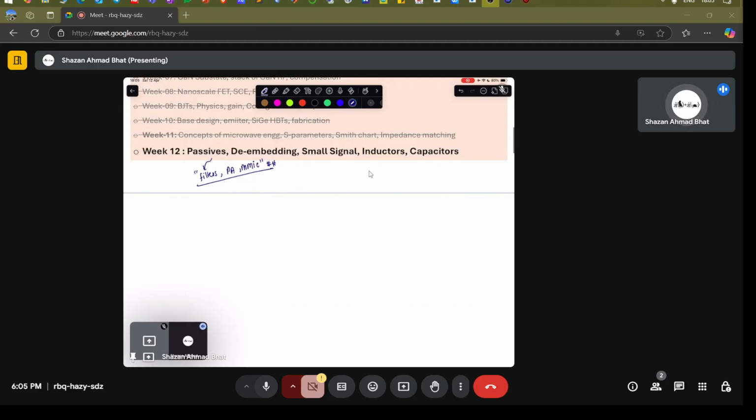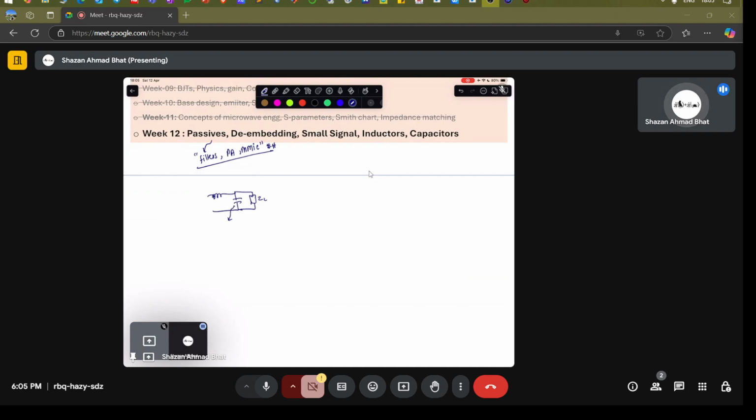For example, if you have an inductor and a capacitor connected to some load, then you know from your basics that the inductive reactance is omega times the inductance, and the capacitive reactance is given by 1 over omega C. At high frequencies, that means omega tending to infinity, XC tends to 0.